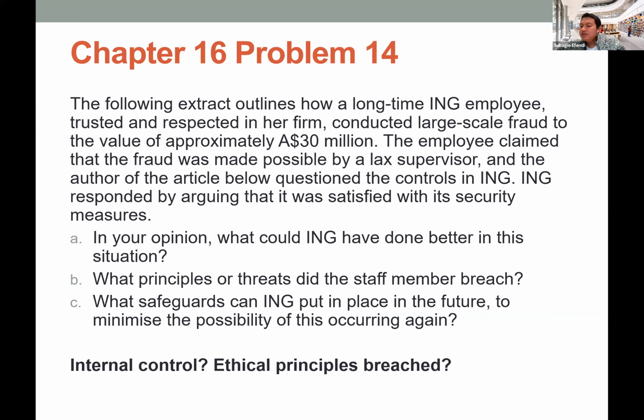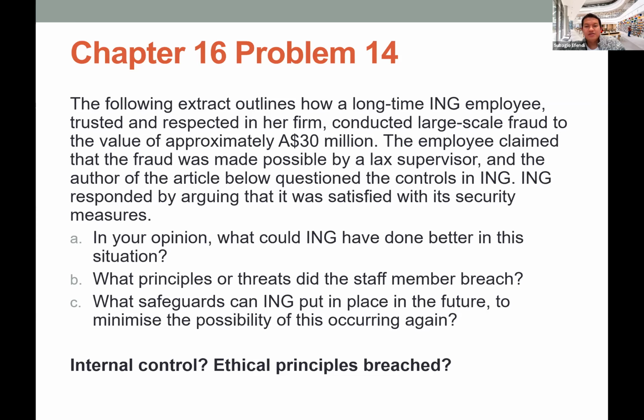She illegally made 200 transfers of the company's cash to her personal accounts, and then she used other former staff logins to delete the record of the transactions and make them appear legitimate. So the total fraud is 30 million.